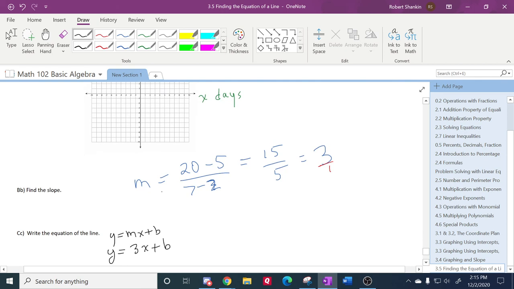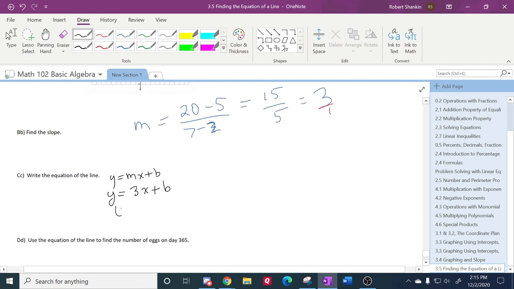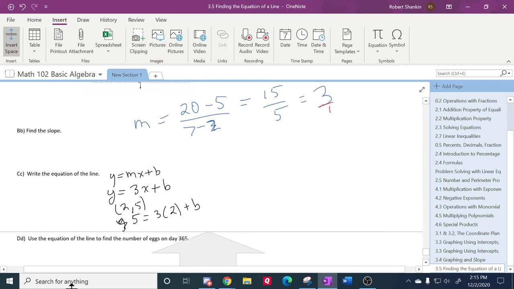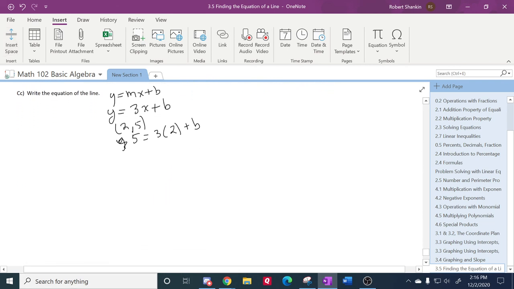Let's plug in (2, 5), since the numbers are smaller. So the 5 goes in for the y. 2 goes in for the x. So I got 5 equals 6 plus b. Subtract 6. I get b on this side, -1. Turn it around, b is equal to -1.